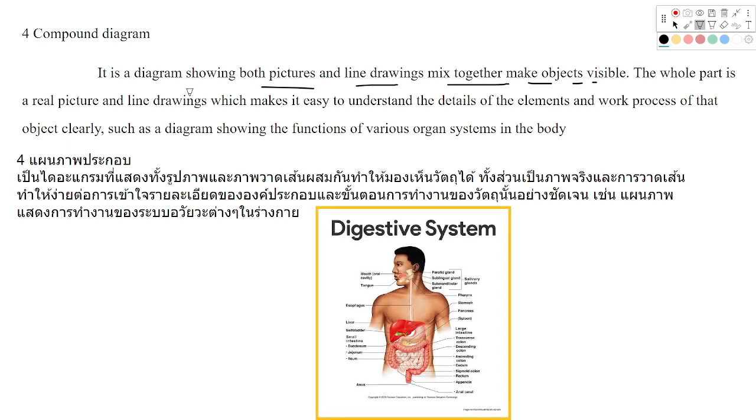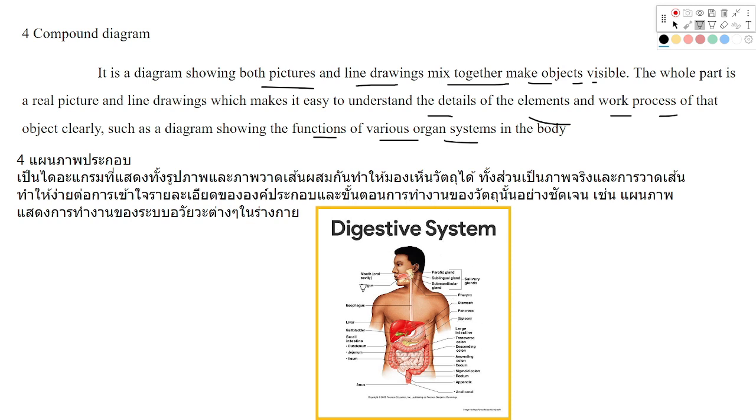So the whole part is a real picture and line drawing, which makes it easy to understand the details of the elements or work process of that object, okay? Such as a diagram showing functions of various organ systems in the body, like this one.